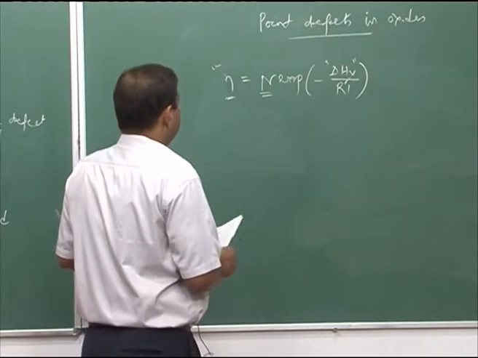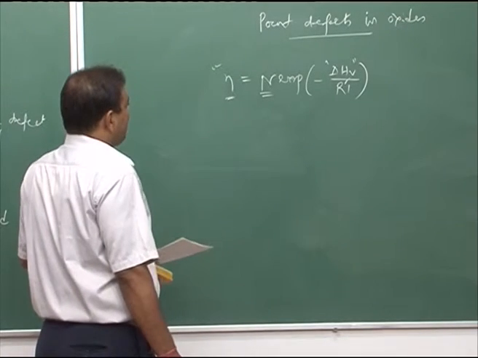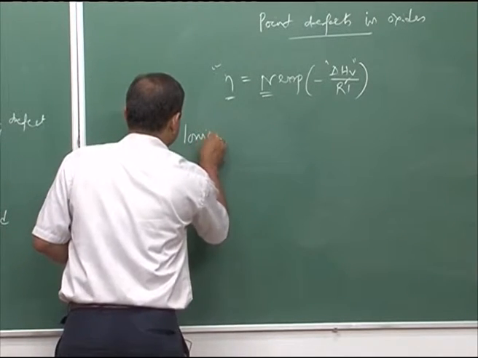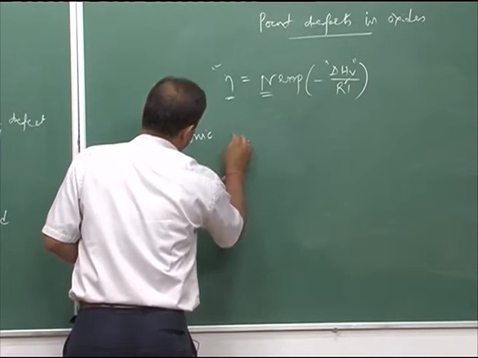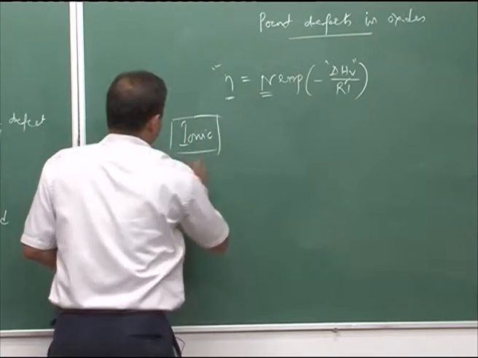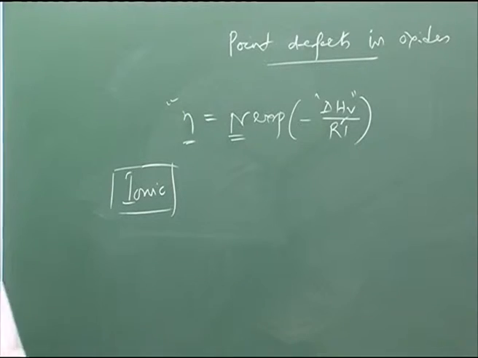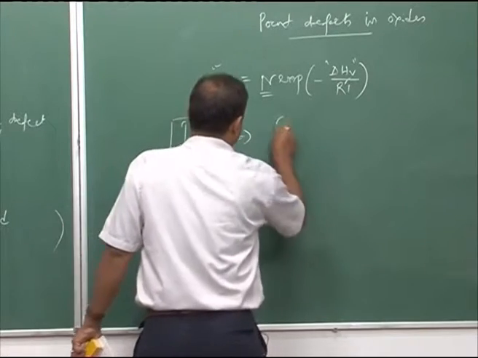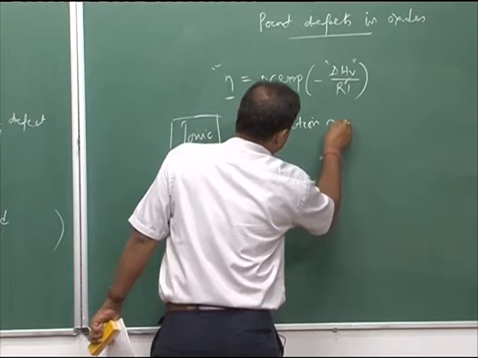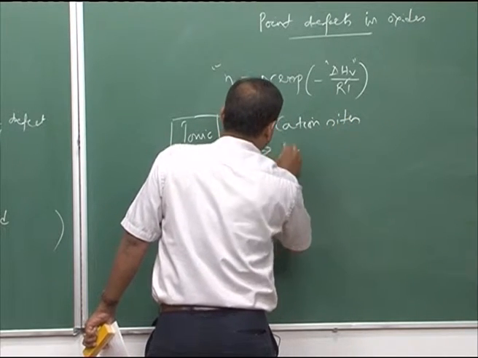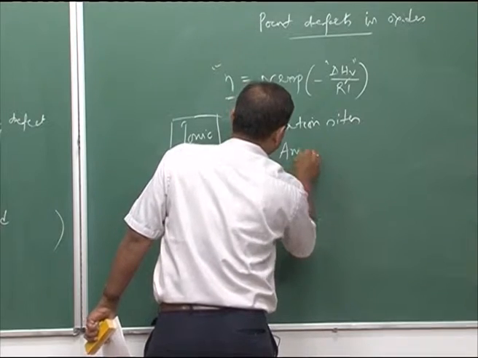Now, most of the oxides are generally ionic in nature. If we consider an ionic oxide, that means they have a cation site and an anion site.